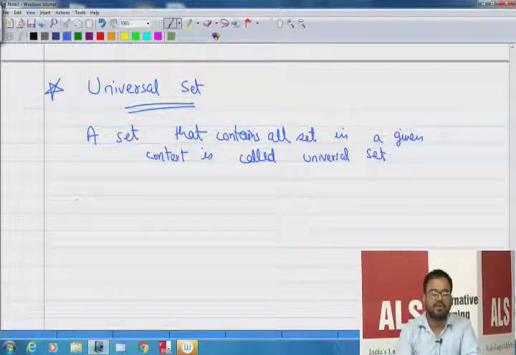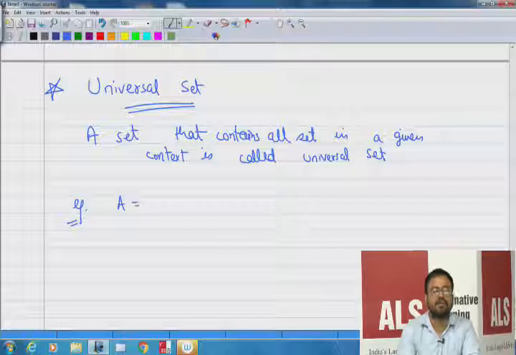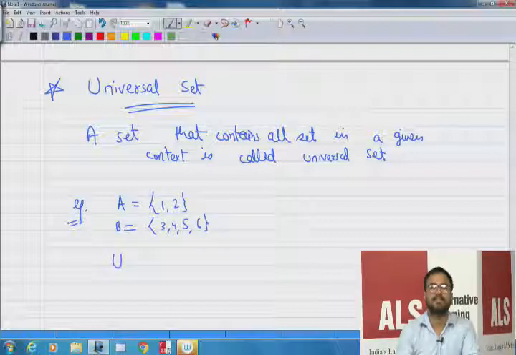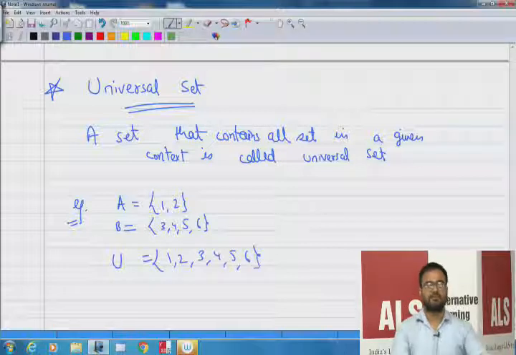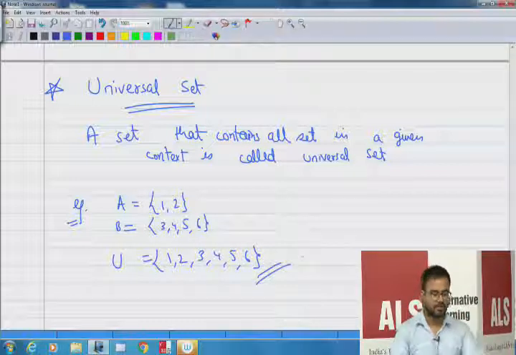One more example: if you take set A as 1, 2, and set B as 3, 4, 5, 6, then the universal set, which is denoted by capital U, can be 1, 2, 3, 4, 5, 6, because it contains all the sets. It contains A also, it contains B also, so that is called the universal set.